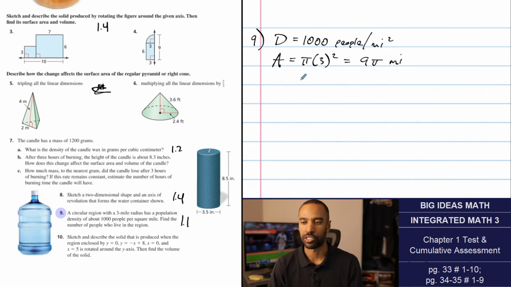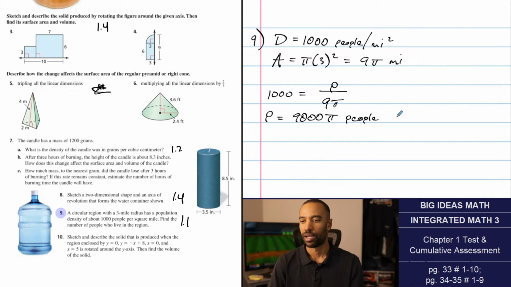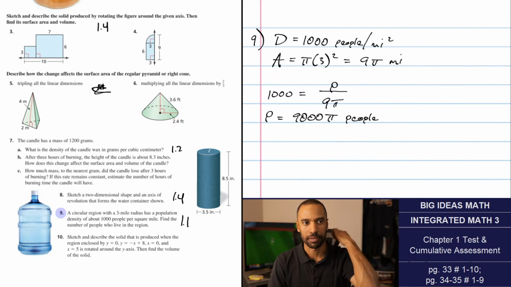And we have the correct units to find people for population. Density is population over area. So 1,000 equals this population, unknown, over 9 pi. If you multiply both sides by 9 pi, you get a population of 9,000 pi people. We all know what that is. It's around 27,000 something.